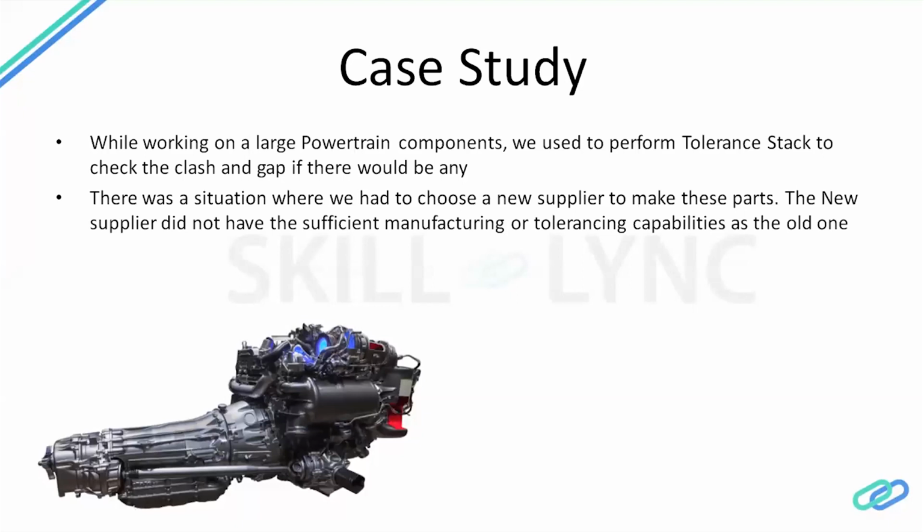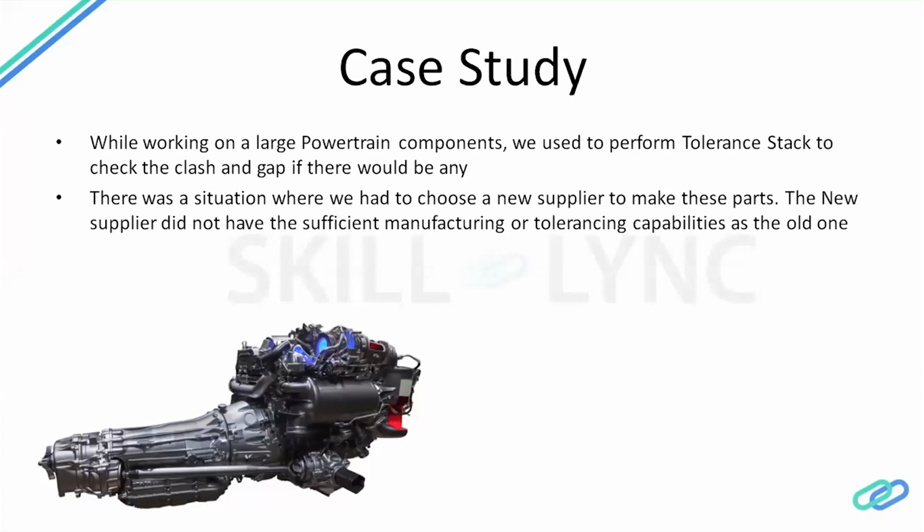When we gave the drawing to them, the supplier came back and said that we cannot manufacture in these tolerances, and they don't have the capability to make a part in those tolerances. So we went back to the customer and checked with them how much tolerance we can achieve. And once they did, we had to work out all these tolerance stack-ups.